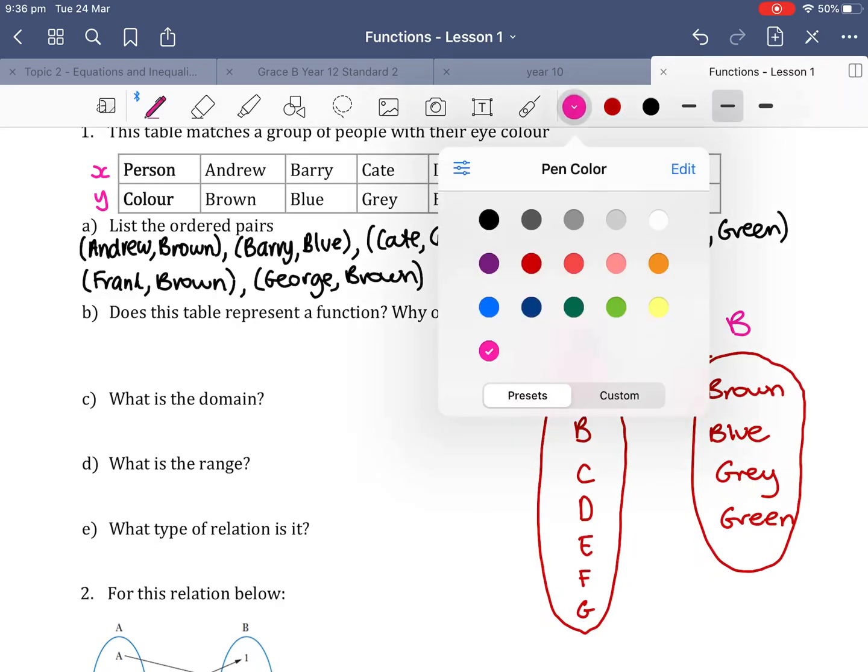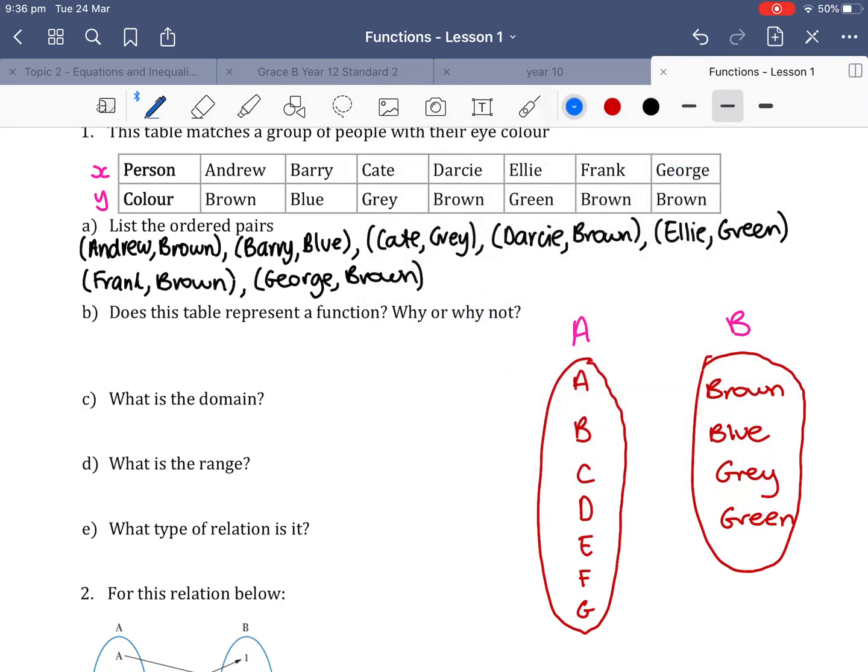Okay, so if we map this like so, our A Andrew goes to brown, our B Barry goes to blue, our C Kate goes to grey, our D Darcy goes to brown, our E Ellie goes to green, our F Frank goes to brown, and our G George goes to brown also.